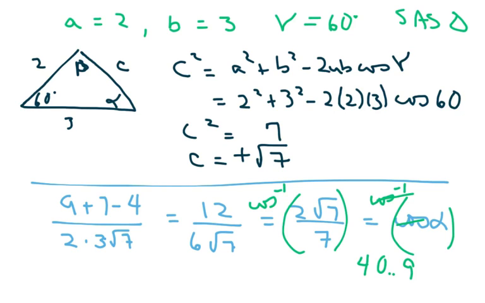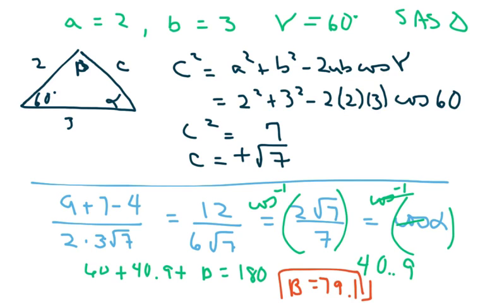From there, I want all three angles to add up to 180, so 60 plus 40.9 plus my beta should equal 180. When I solve that, I get beta equals 79.1. Or you can use one of the formulas, but I think this is easier.